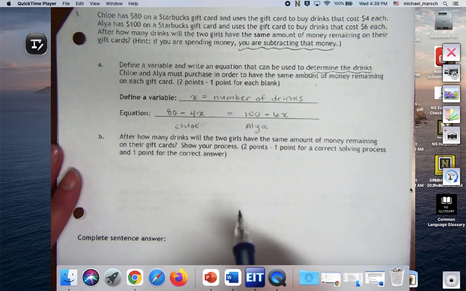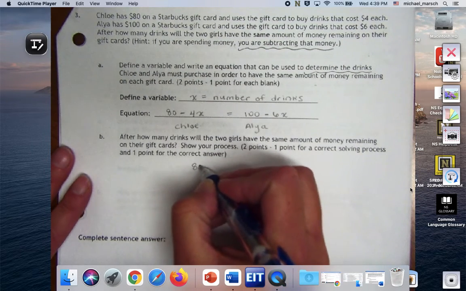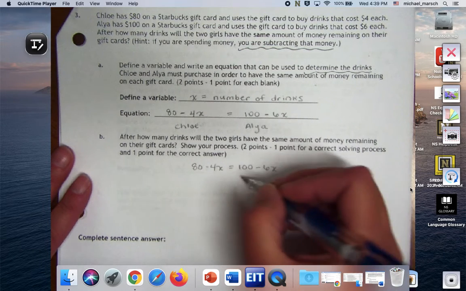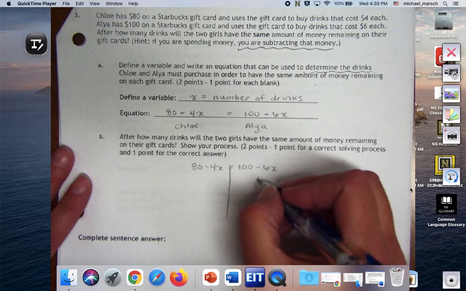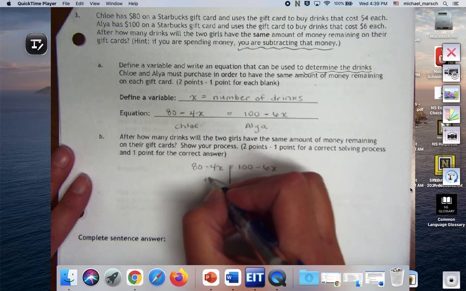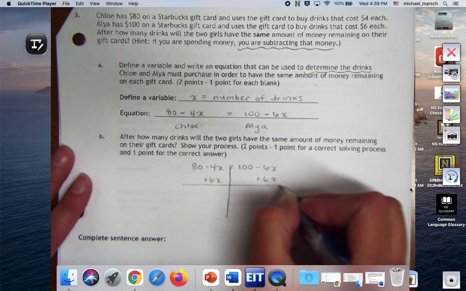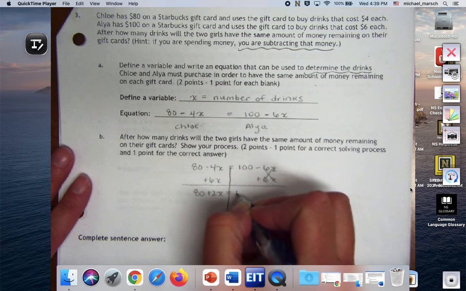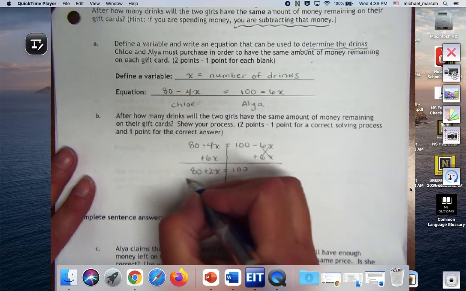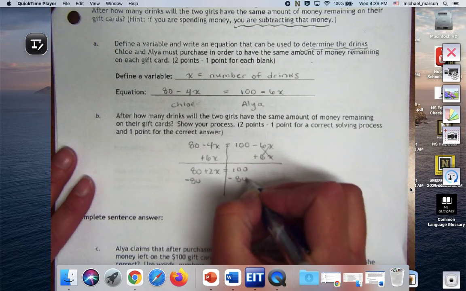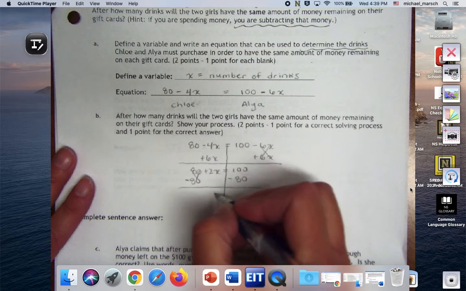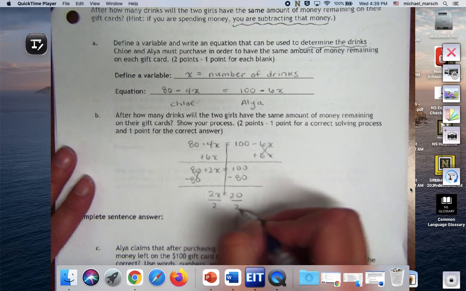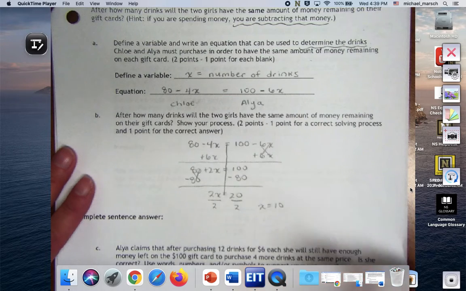After how many drinks will the two girls have the same amount? So let's figure it out. 80 minus 4x equals 100 minus 6x. Using the equality property, I'm going to add 6x to this side. So now I have 80 plus 2x equals 100. Then I will subtract 80 from both sides. 2x equals 20. x equals 10.